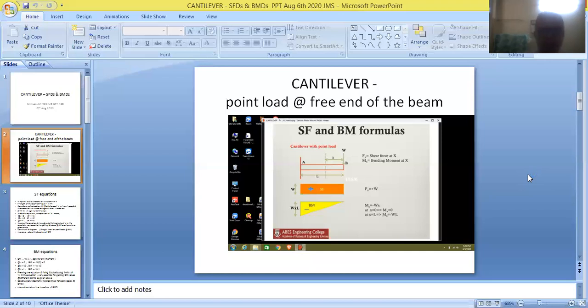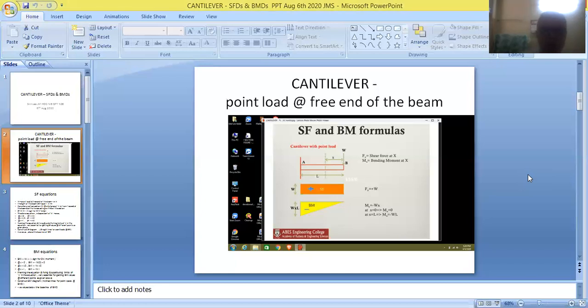Now finally we can see a point load. This is the way of representing a point load that is acting at the free end of the beam, and it is acting in the downward, vertical direction. Firstly, it acts in the vertical direction, and also it acts in the downward direction.